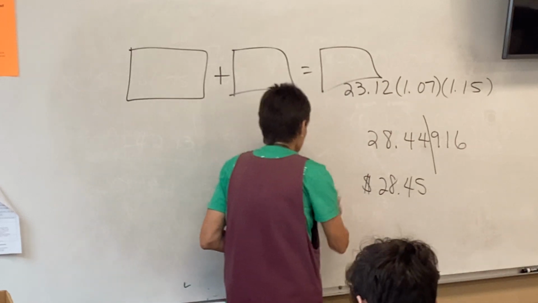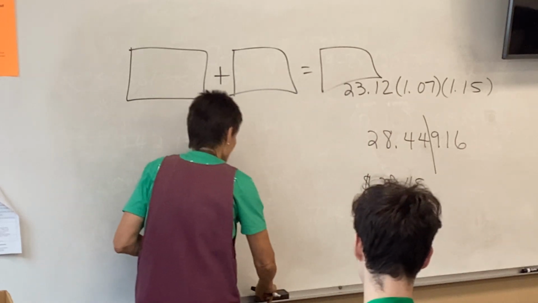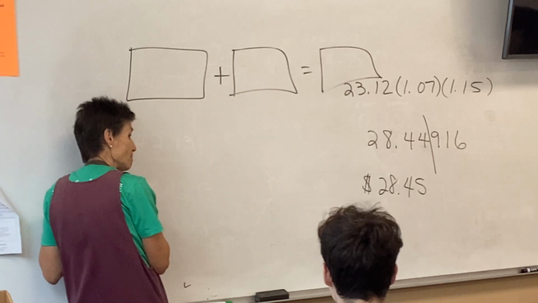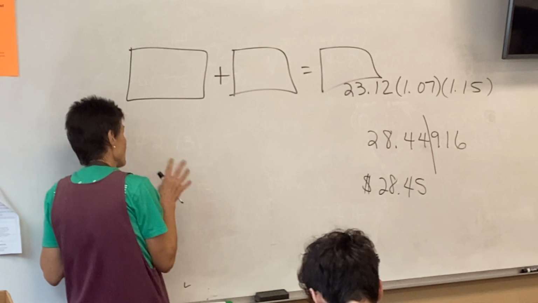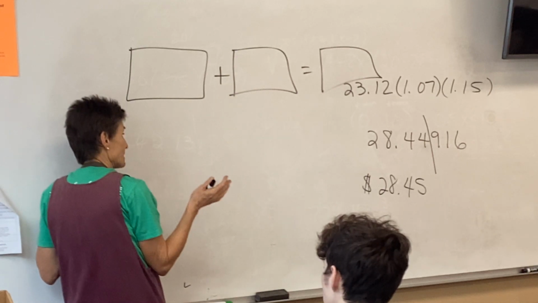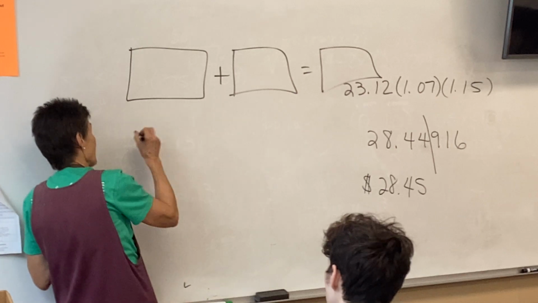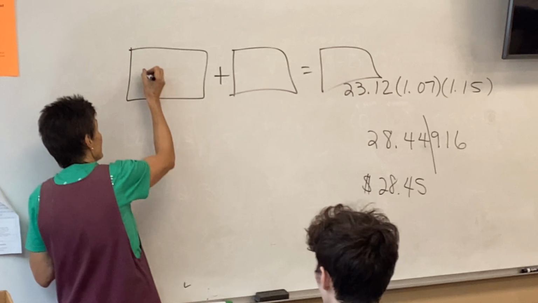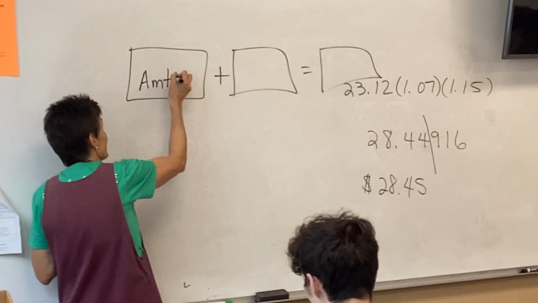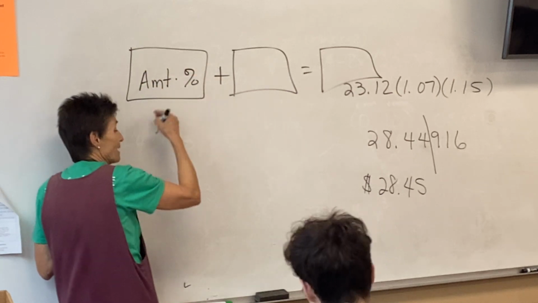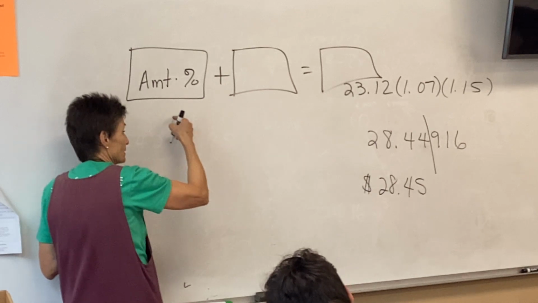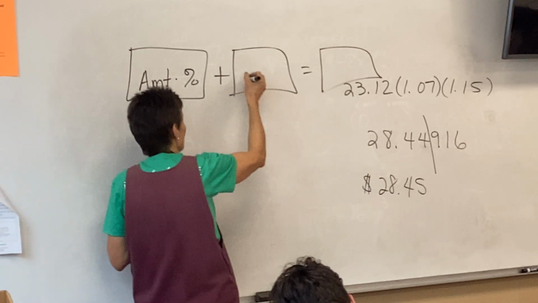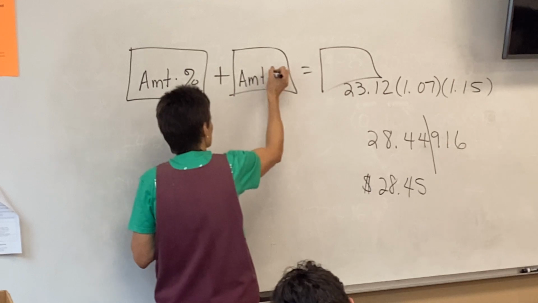You can do these in different ways. I am going to show you how I do them. And if you like that, great. If you don't, do it your own way. Just make sure we get the same answer. When I set up an equation, I take whatever the first thing is, the first mixture, I take the amount times the percent of that. And then the second one, I do the same thing, amount times percent.